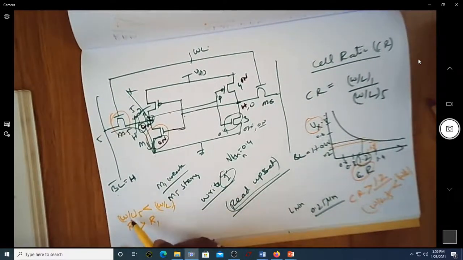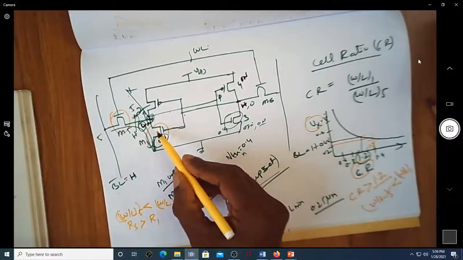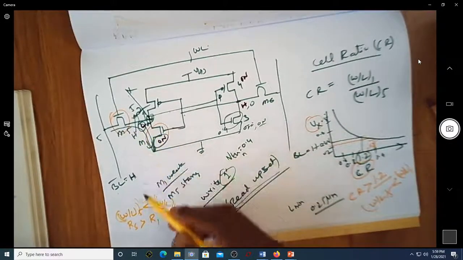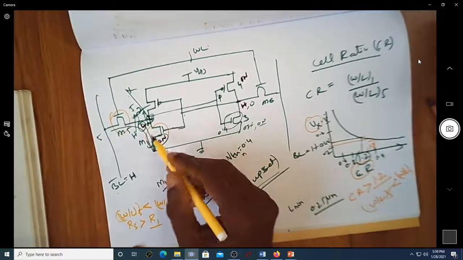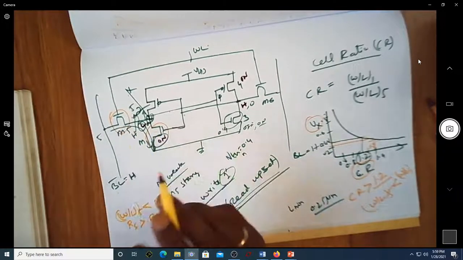Since the W by L of 1 should be more than that of 5, the resistance offered by the M1 transistor should be lesser compared to the resistance offered by this one.